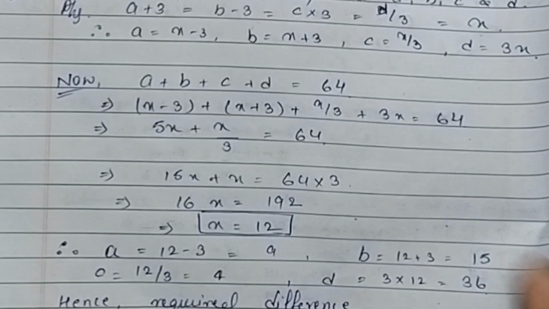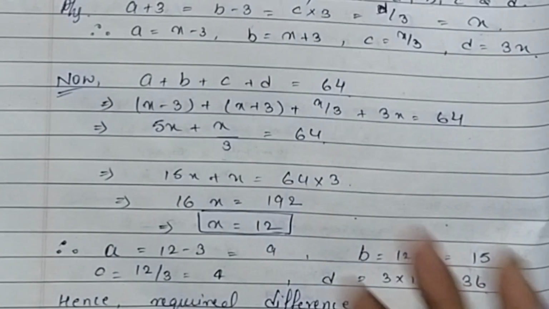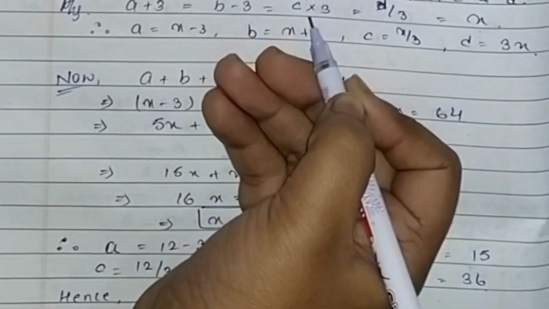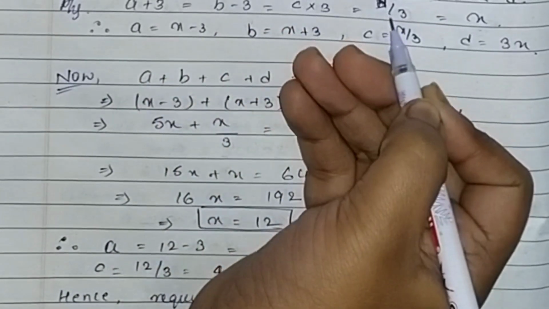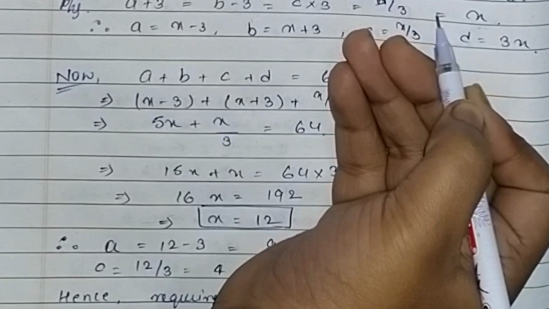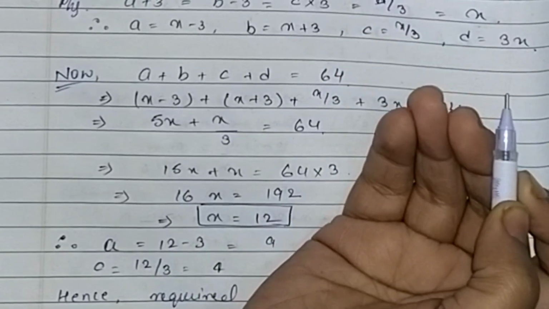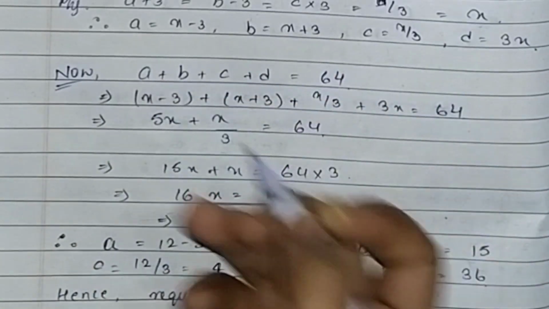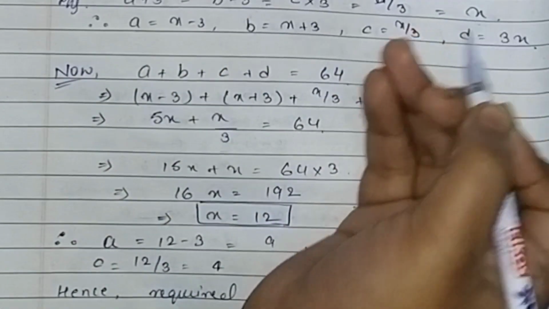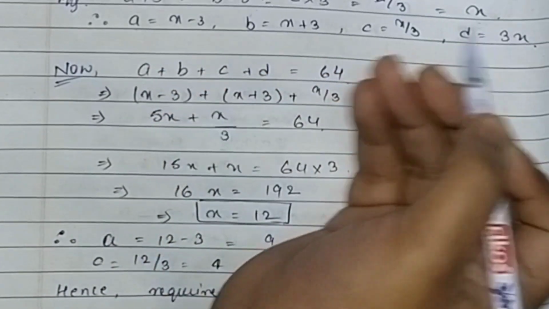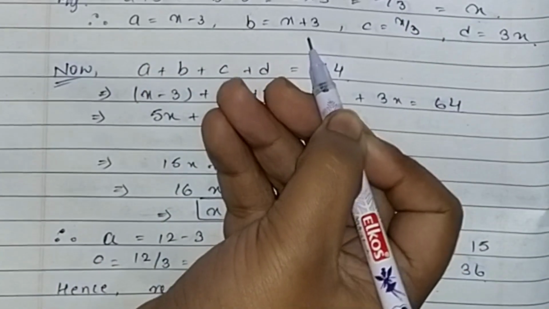So for that, we can say that a plus 3 is equal to b minus 3, is equal to c multiplied by 3, is equal to d divided by 3, which will give an output or result equal to x, a number x. So from that we can have the value of a, which is x minus 3. From that we can have the value of b also, which is x plus 3.